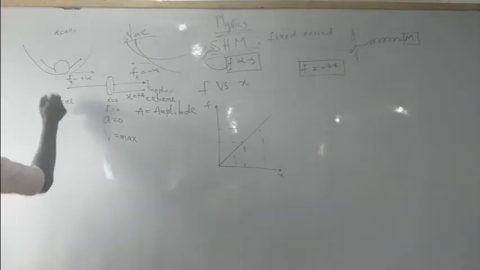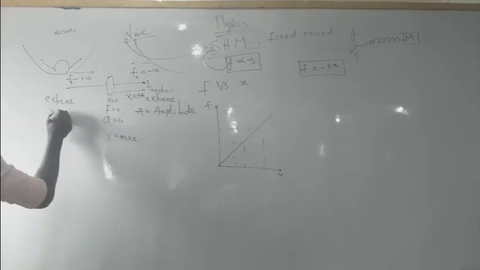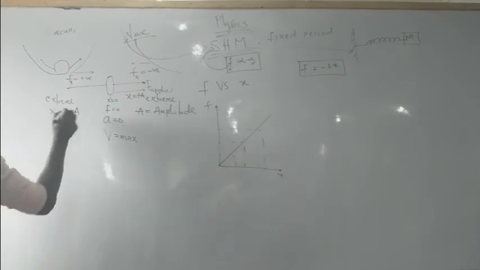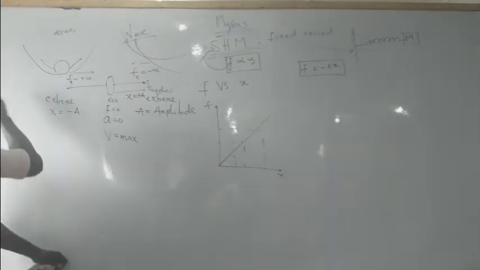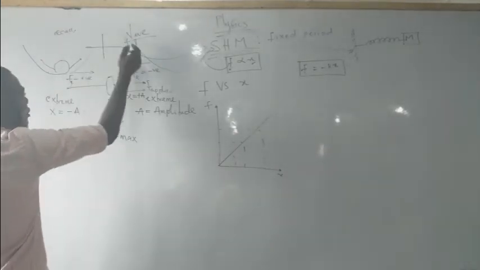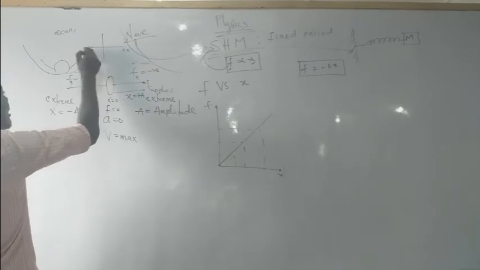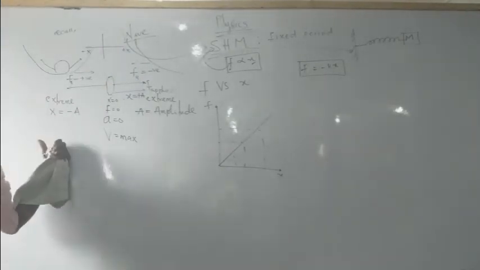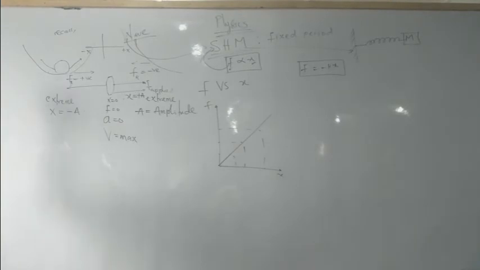Okay? So at this point too, x will be equal to negative A. That's minus towards this side. Of course, you have your positive x-axis and negative x-axis. So it's negative, since you are stretching this towards the length.